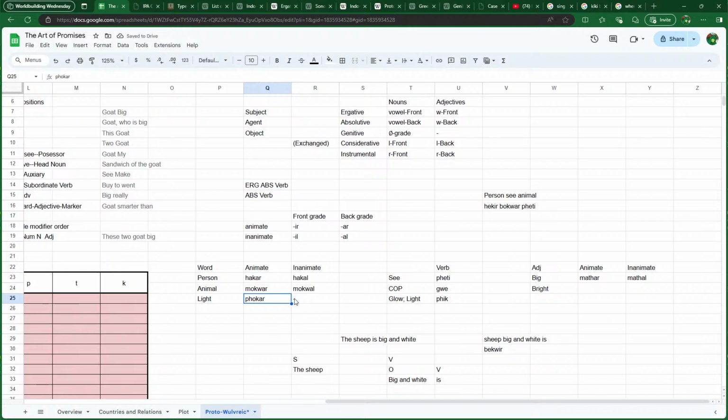This is important for inflection. Oh shoot, verbs have to agree with animacy. That's why we have them. So do they actually? No, they don't. It's just adjectives.